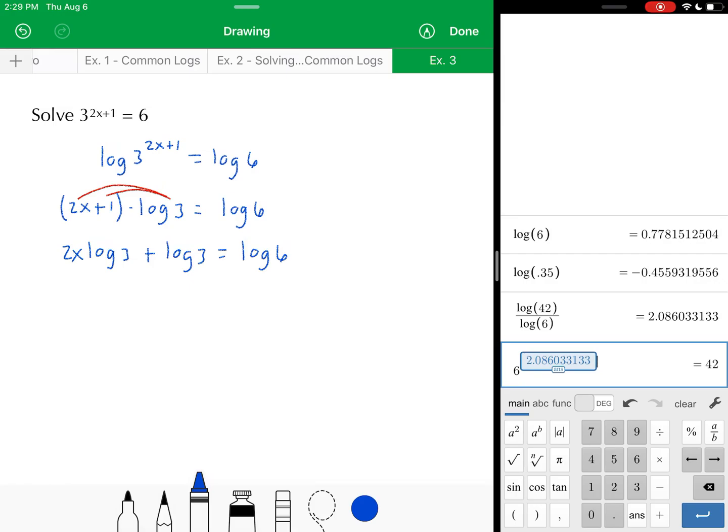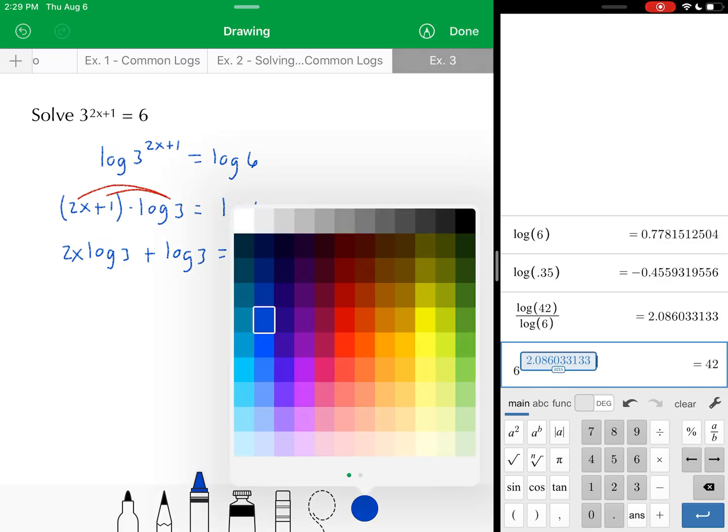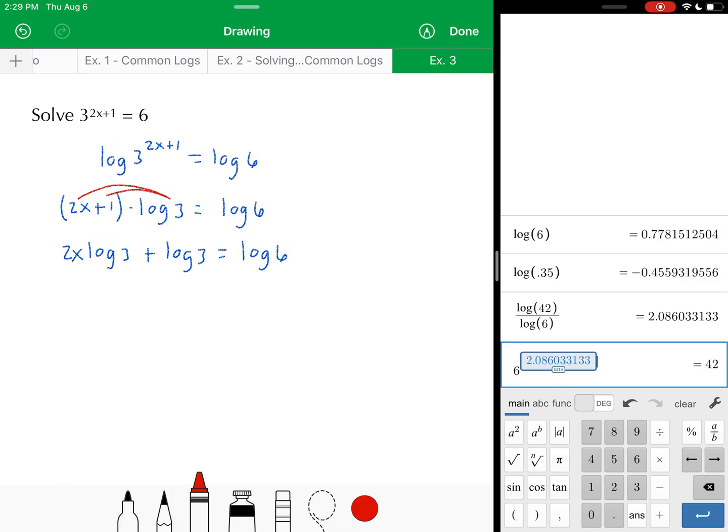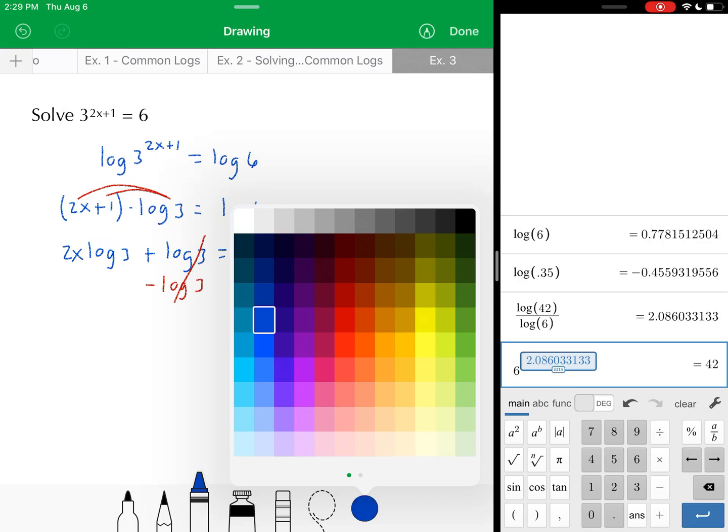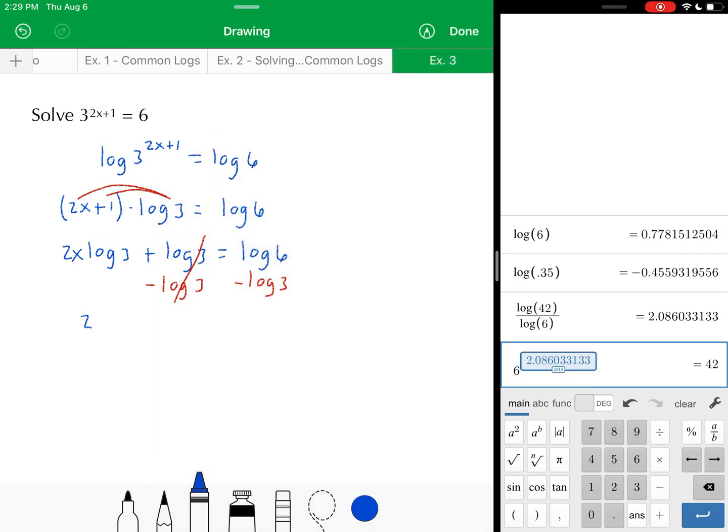Now the whole goal here is to solve for x. Well, I have two constants in this equation right now. I have log 3 and log 6 that are both constants. So I want to get those to the same side, away from the variable. So I'll subtract log 3 from both sides here. I'm just going to write this now as 2x log 3 equals log 6 minus log 3.